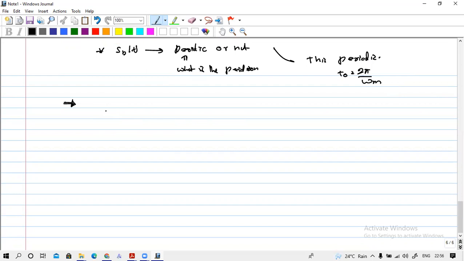Normally we say that any periodic signal x(t) with the period of T naught can be represented as a collection of sinusoids, or rather a collection of complex exponential terms, like the sum from minus infinity to plus infinity of C_n e to the power j n omega naught t. Here the period is 2π by omega naught. Can you remember this?